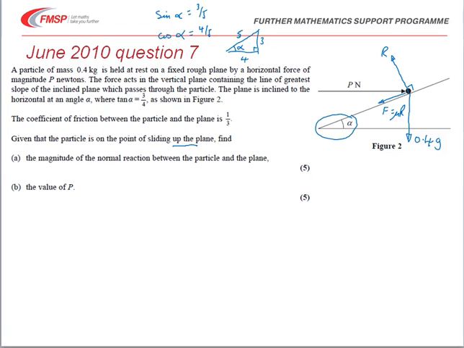So because P is acting horizontally, a better approach is to resolve things vertically and then horizontally. So first of all, vertically, there is no component of P acting vertically, which is the advantage of doing that.